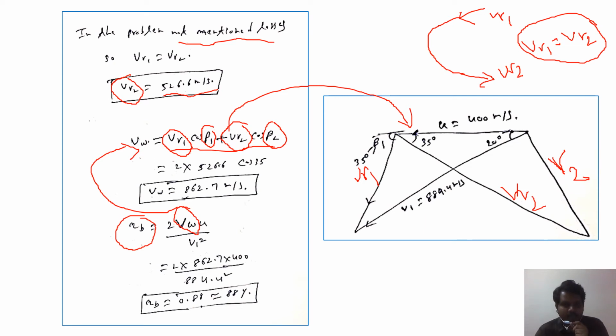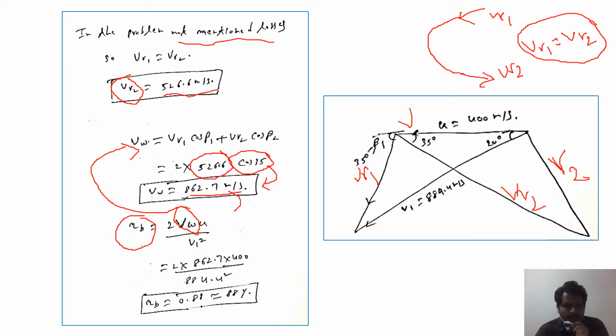So finally, since both are the same, 2 into VR value is 526.6 cos beta value is 35. So from this equation we can find the whirl velocity Vw equals 862.7 meter per second.